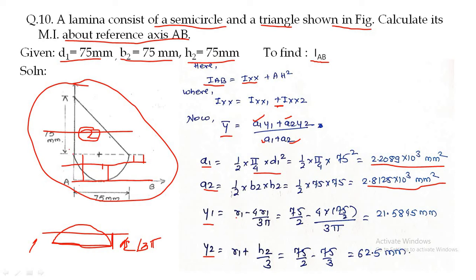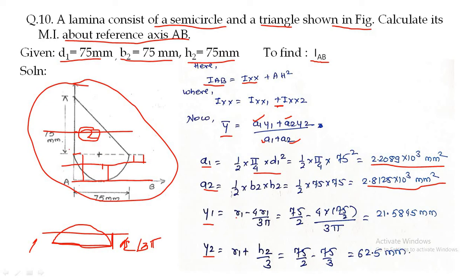We know that the distance from this edge to this edge of the triangle will be equal to h by 3. In this case it will be h2 by 3, because we are using the notation 2 for the triangle. So it will be h2 by 3 when we consider it from the base of the triangle.